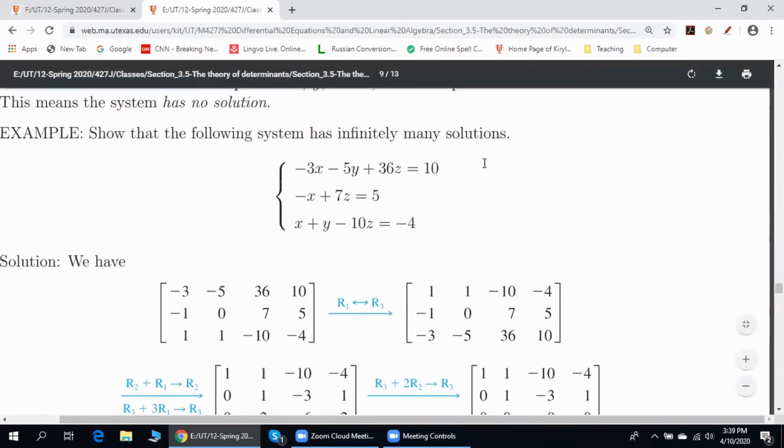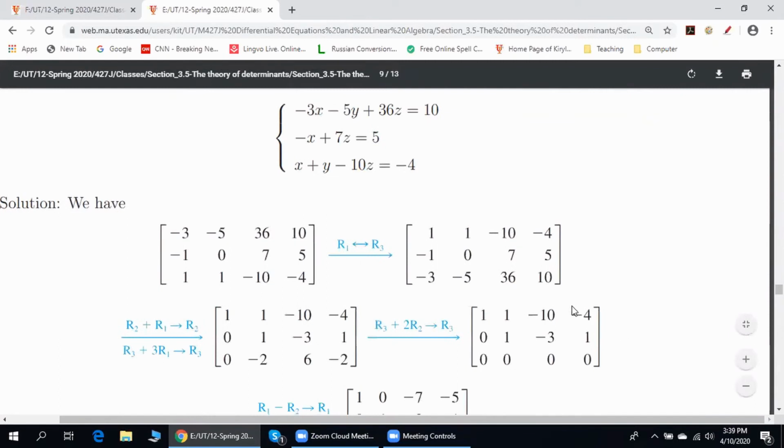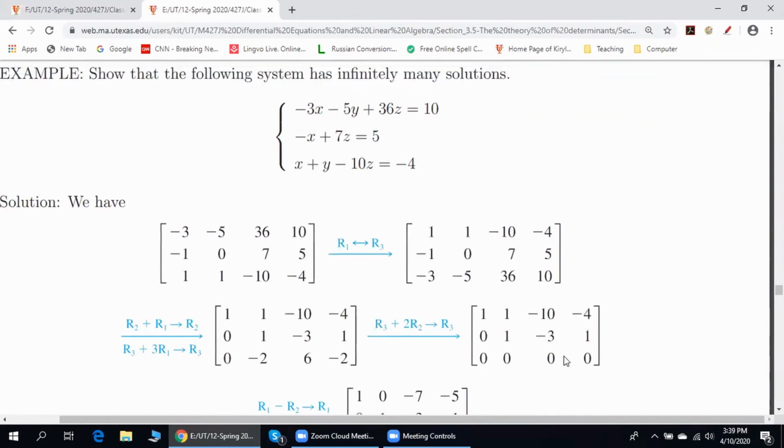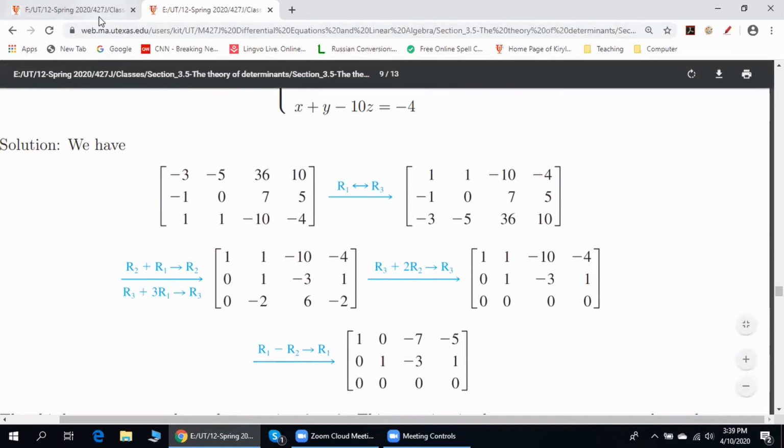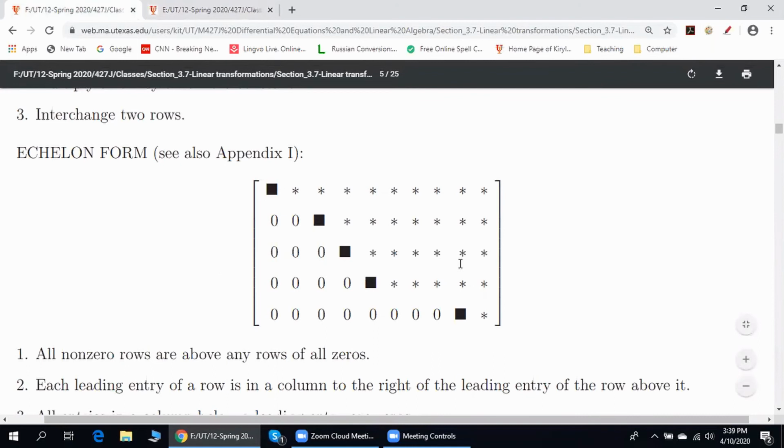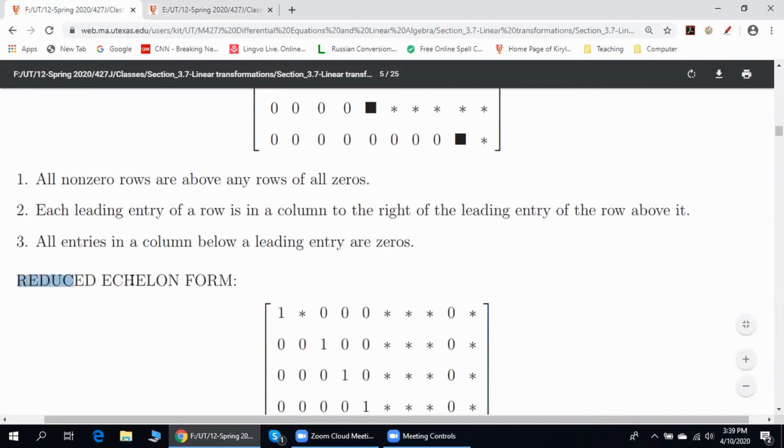However, in this case, we obtain an echelon form, but then all of a sudden we keep applying elementary row operations. Why? Here is the answer. Please take a look at the so-called reduced echelon form.